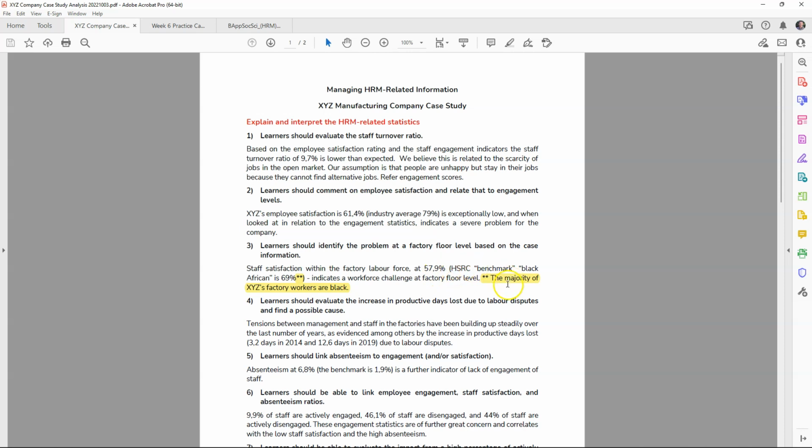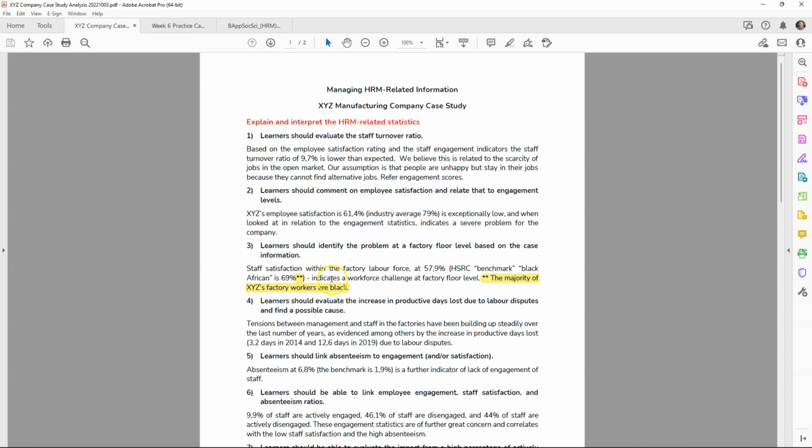And this is a real figure, the Human Sciences Research Council benchmark for Black African is 69% satisfaction, and the majority of people in the factory labor force are African, and the 57.9% satisfaction is even lower than the HSRC benchmark at 69% for black laborers.